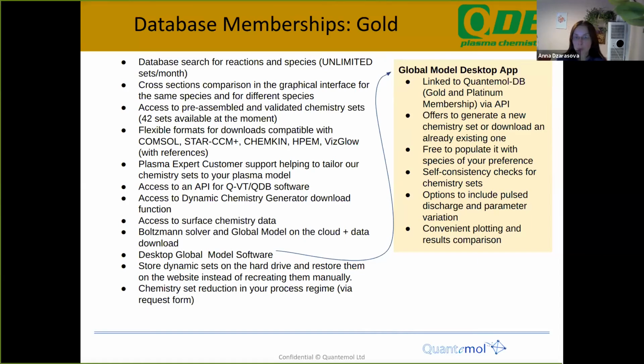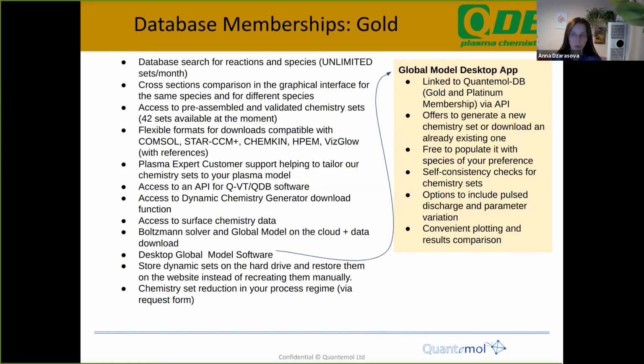There is a library of surface chemistries which you can access. And we also provide you a desktop software for global model, which is more advanced than the one we have on the cloud. And it has additional flexibility, so you can populate it with your own species.